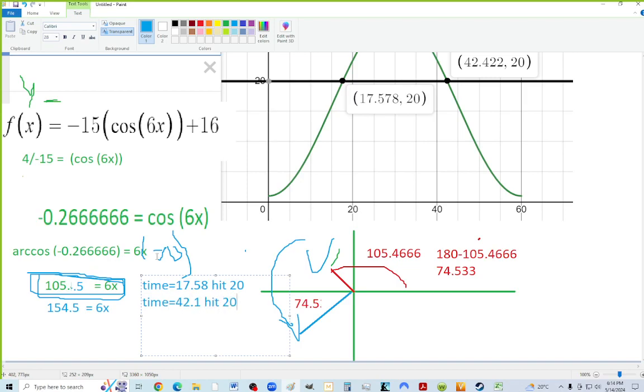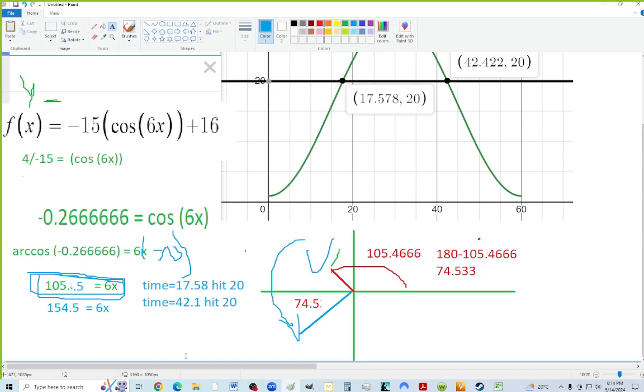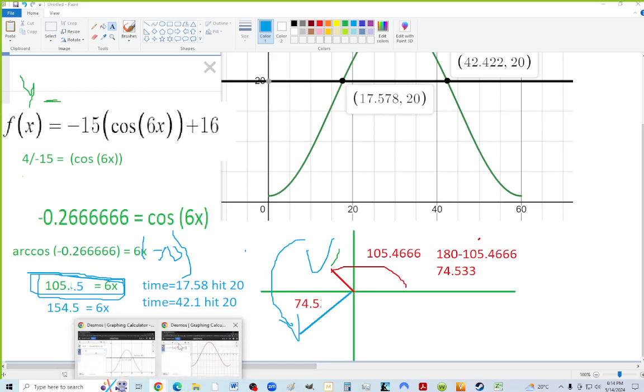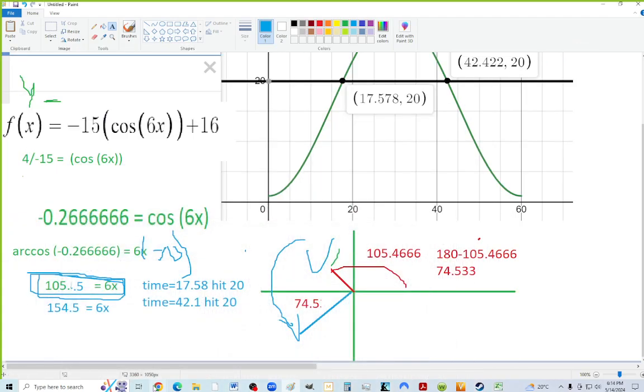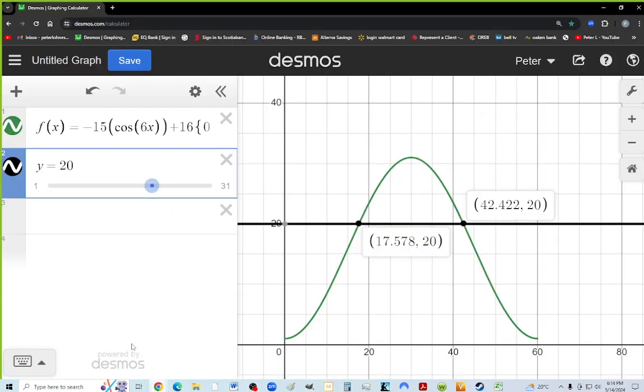So according to my calculation, I'm going to hit the height of 20 meters at 17.58 seconds on the way up and at 42.41 on the way down. Let's see if we are right. Let's find our Ferris wheel. That's not our Ferris wheel. Let's find our Ferris wheel. That's our Ferris wheel.